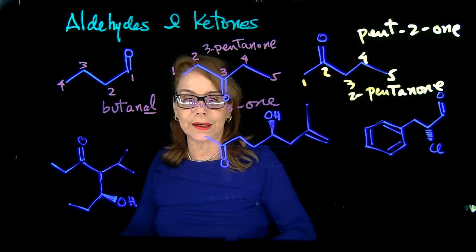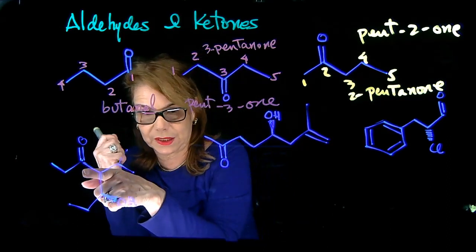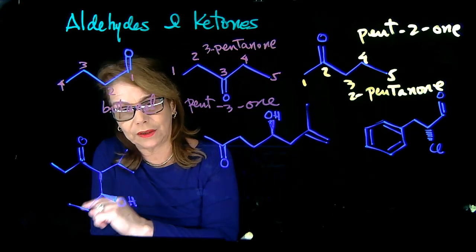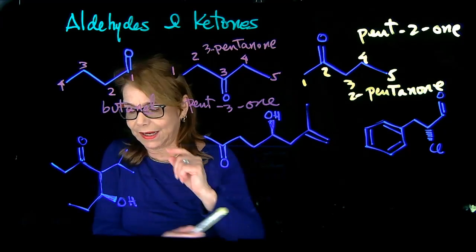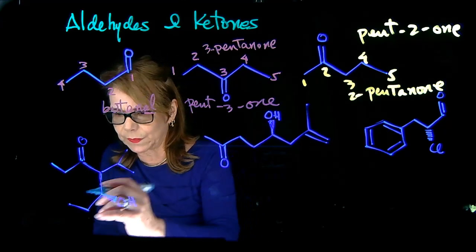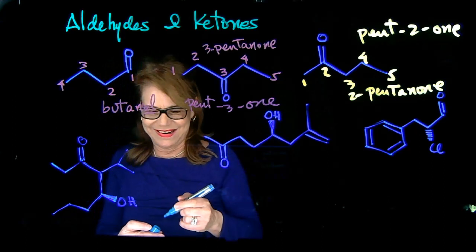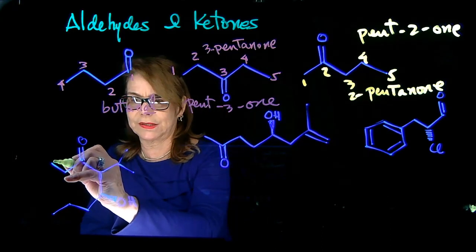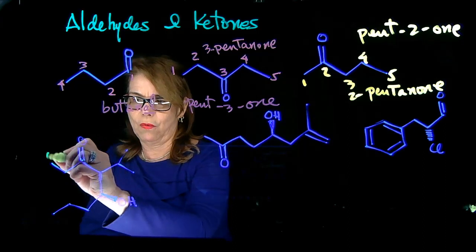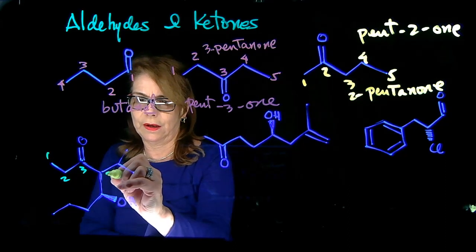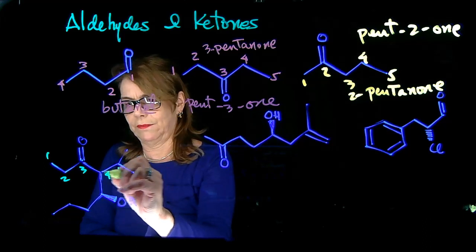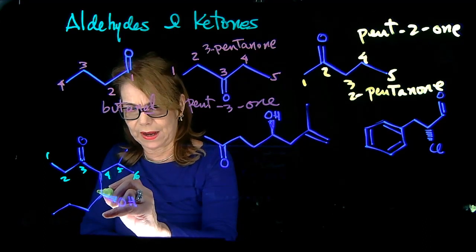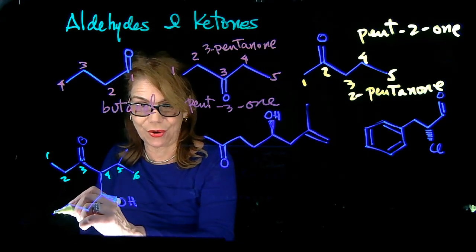And again, I need to find priorities. The ketone has higher priority over the alcohol. Now I need to find the longest chain that contains that functional group. I'm going to add here one more. All right, so if I choose this chain, let's say here, 1, 2, 3, 4, 5, 6, or I can do 1, 2, 3, 4, 5, 6, 7, 8. That's longer.